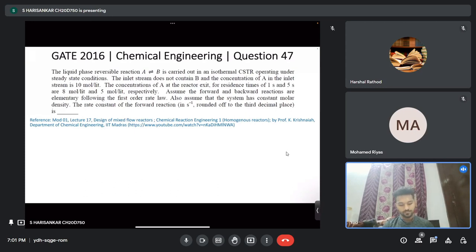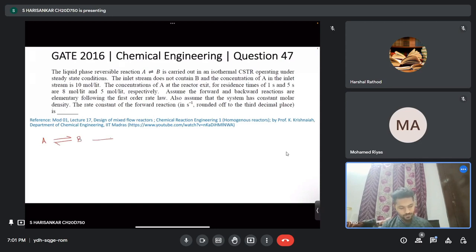So this is a question from design of ideal reactors from chemical reaction engineering, and the reference NPTEL series can be found in module 1 lecture 17, design of mixed flow reactors, chemical reaction engineering 1, homogeneous reactors by Professor K. Krishnaiah, Department of Chemical Engineering, IIT Madras. So here in this question, the reaction A reversibly giving B is carried out in two different cases.